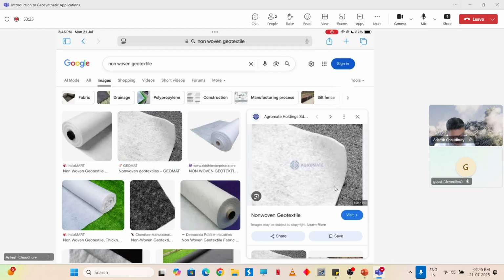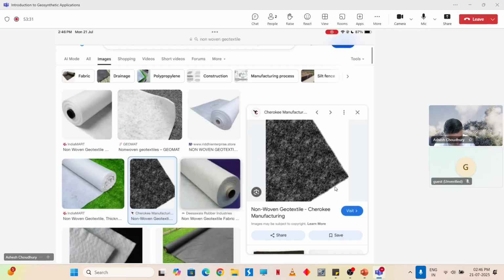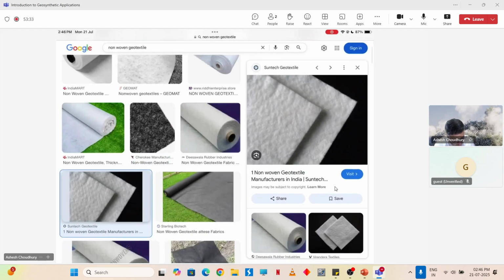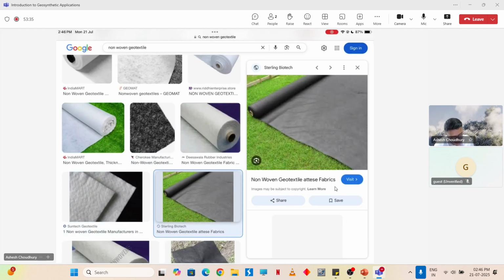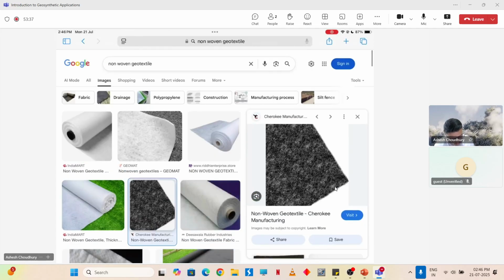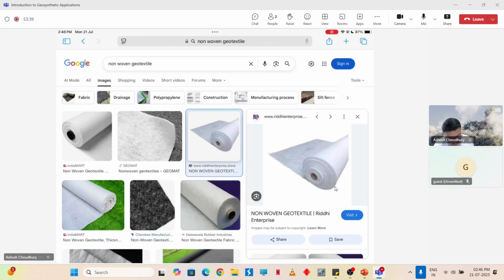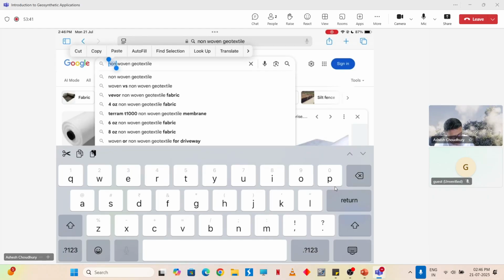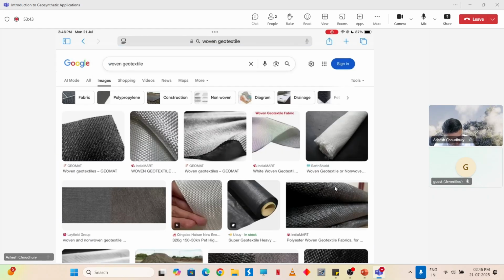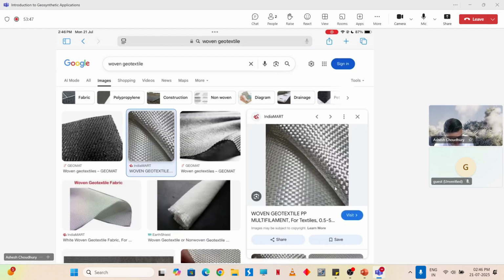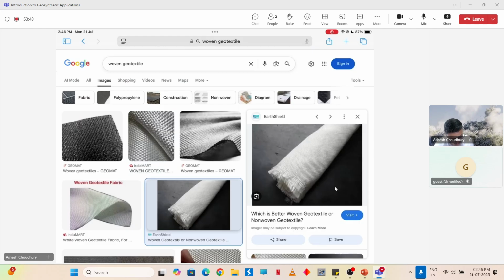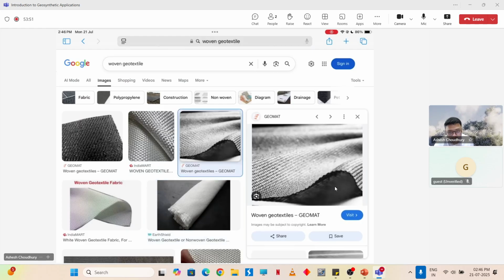We cannot see a definite weaving pattern or definite thread. If you look very closely, you cannot see any weaving pattern. But these are the non-woven geotextiles. And if I want to see woven geotextile, it is of this kind. These are properly woven, you can easily differentiate. These are like textiles, easily distinguishable.